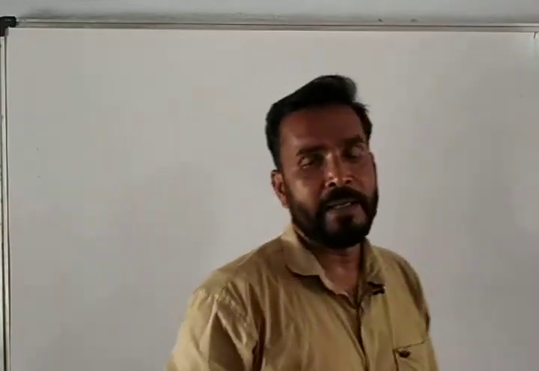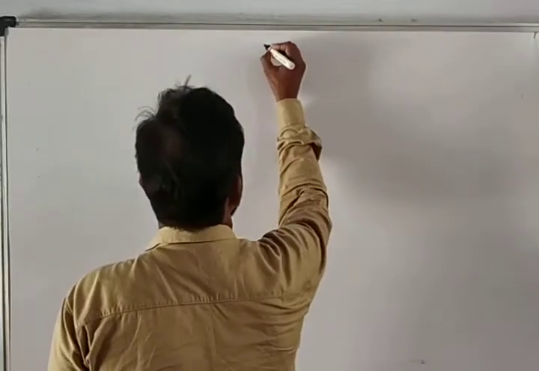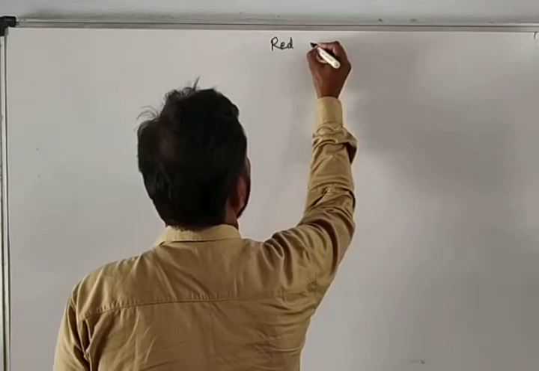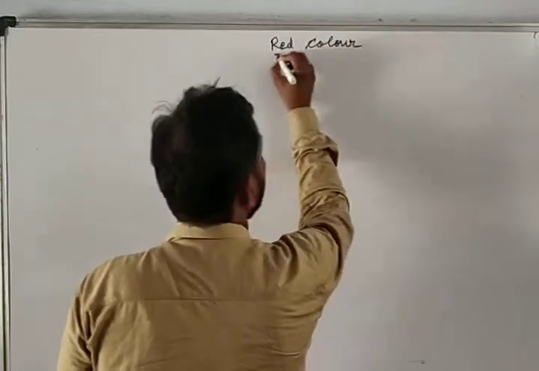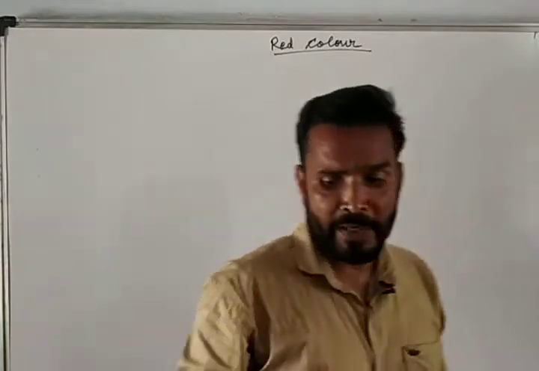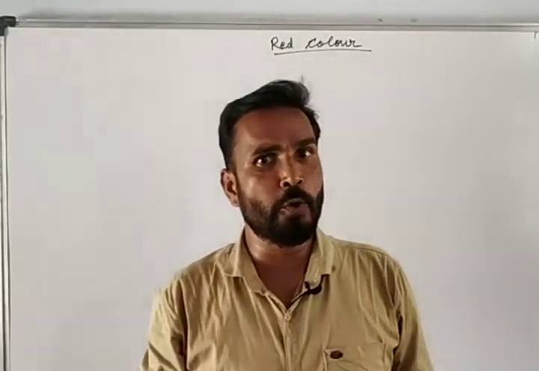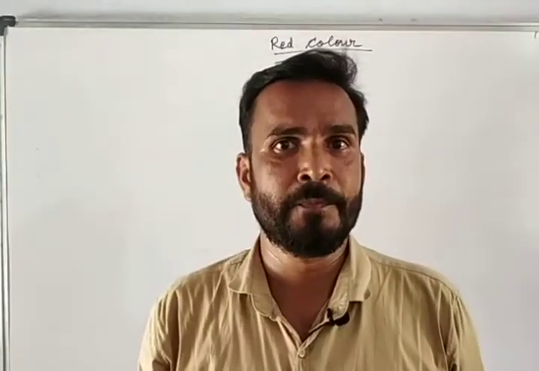Settlement, the first thing you have to remember, will be shown in red color. In a map the important thing is color. We must know which thing is represented by which color.